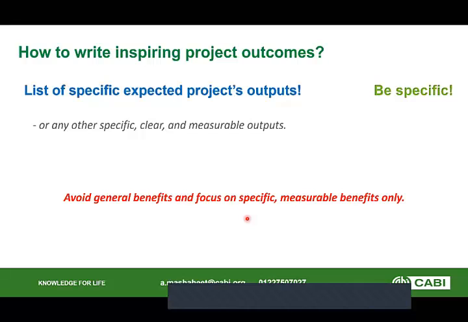And last but not least, be specific. Avoid vague and general statements. Focus on specific, measurable benefits only.